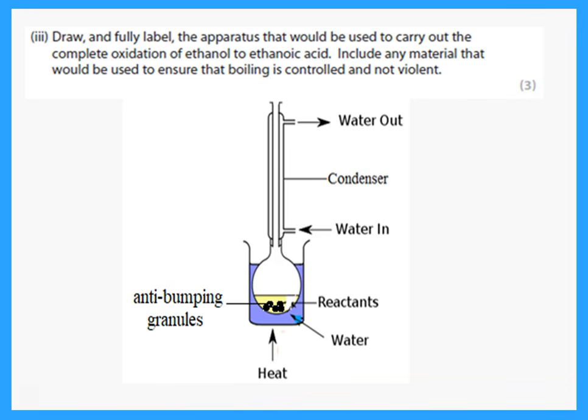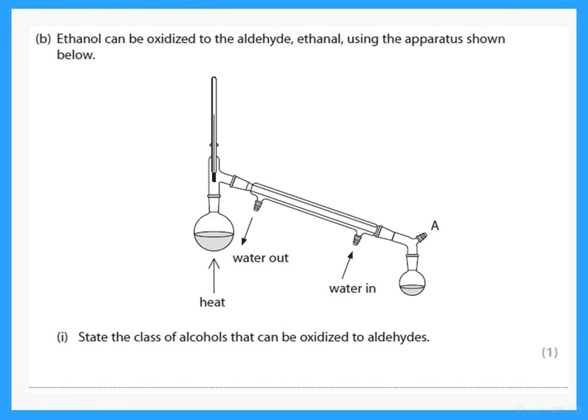Can you see the anti-bumping granules? When we're heating these reactions and we don't want it to bump or be very violent or jump out, we add anti-bumping granules, which in most cases are just tiny little glass beads. The presence of these in the solution prevents it from bumping or from boiling violently.